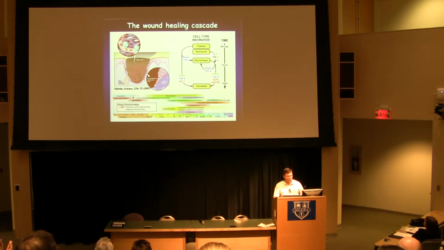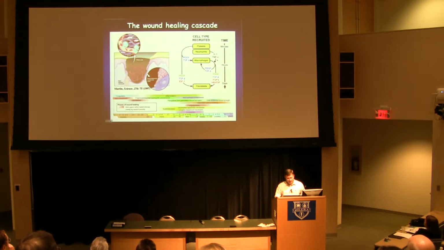So very early on, you have the inflammatory response, recruitment of neutrophils and macrophages, and these cells then secrete cytokines and growth factors that are directed towards other cells, most notably fibroblasts, which respond chemotactically to those growth factors and also proliferate very robustly.